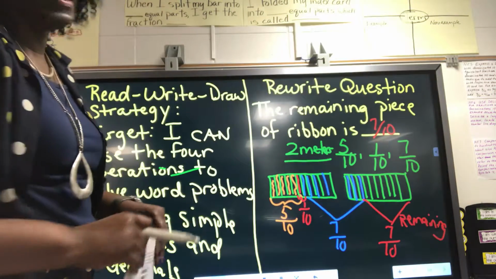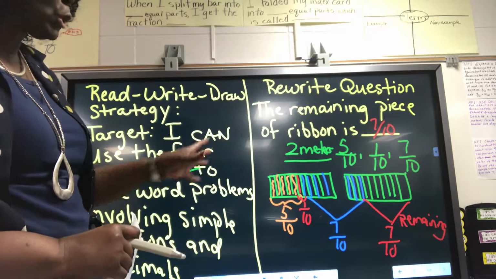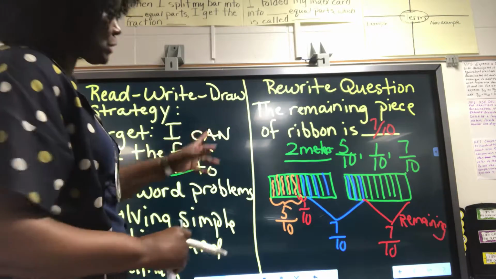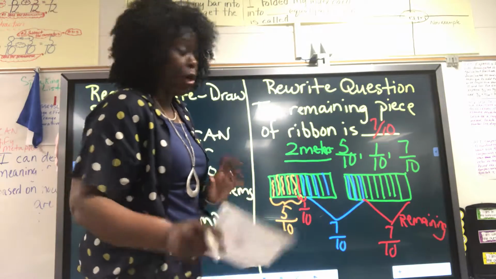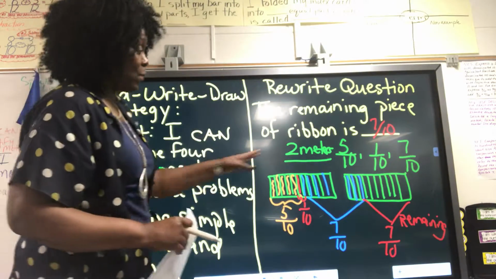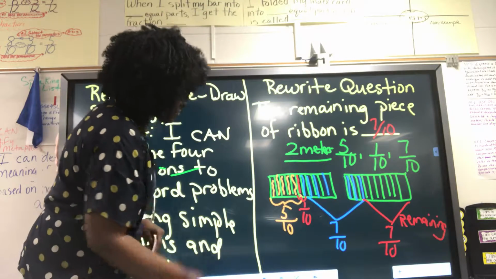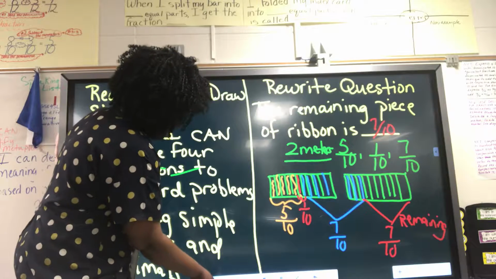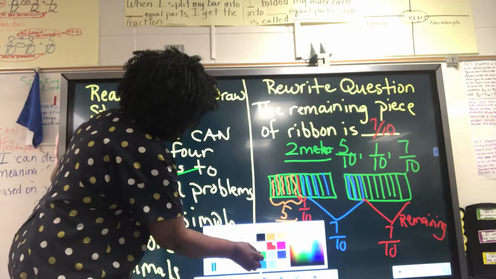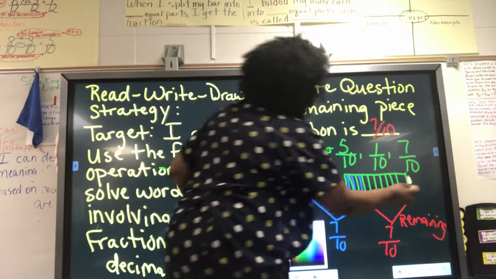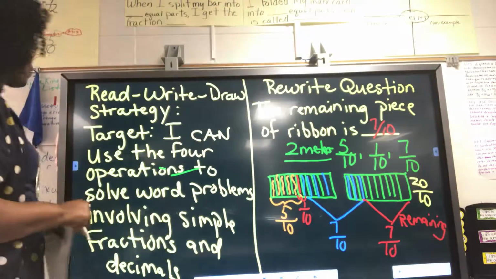However, we need to check it. We need to check and make sure that our answer is correct. Although we have a good representation here, I still want us to go a little bit further. So we said that we have 2 meters, and I hope that you guys recognize that with those 2 meters, we actually have 20/10. So what can we do with that?